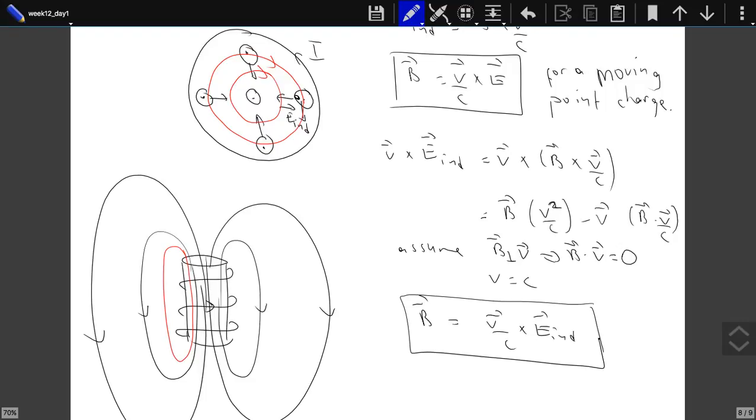So if you have this uniform B field, what does it mean that the B field line is moving along itself? It doesn't change. So in that sense, B has to be always perpendicular to V, V being the speed of the magnetic field lines, perpendicular to its direction. And V is equal to C. It's just what I said, that the B field lines, once they are created, will be spreading at the speed of light C.